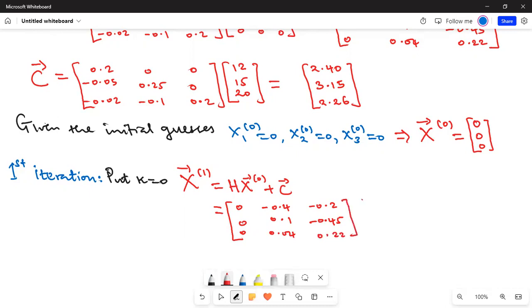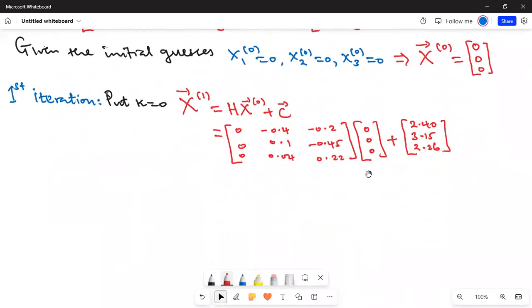You need to multiply this by our x at level 0, that is 0, 0, 0, plus c, which you have found: 2.40, 3.15, 2.26.